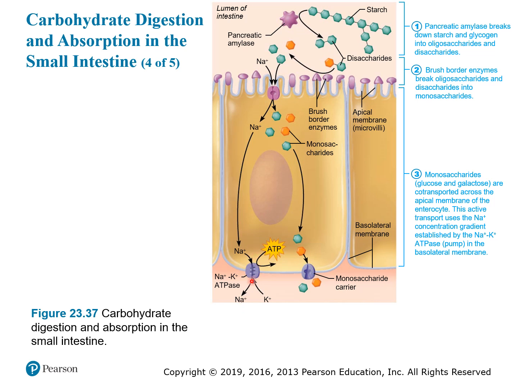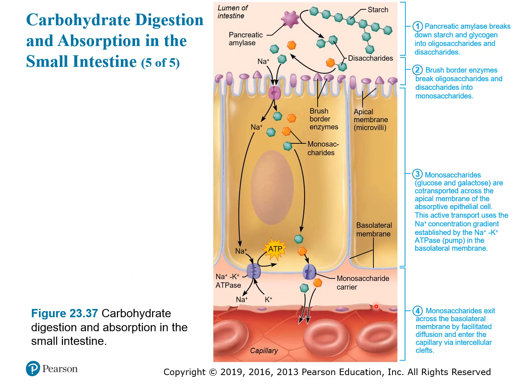Energy is coming from the sodium potassium ATPase, which is present on the basolateral surface. So these monosaccharides come in and diffuse to the basolateral side, and from there they go into the interstitial space and into the blood. To leave the basolateral side they use facilitated transport.